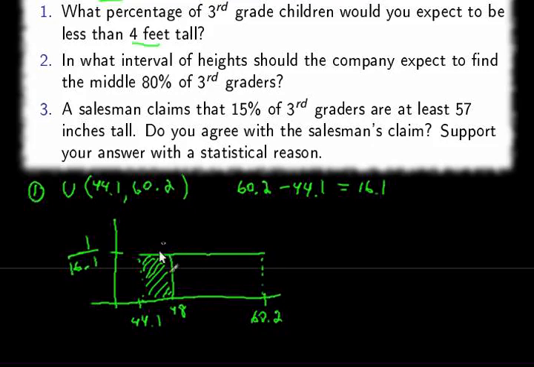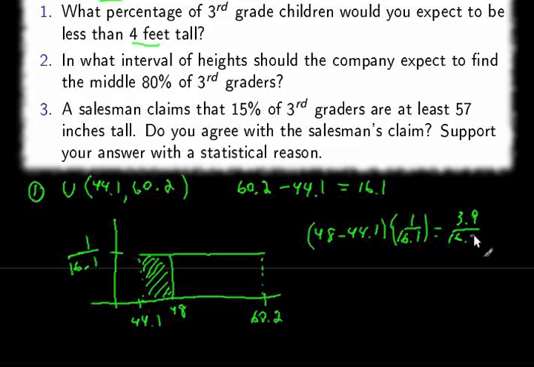So the percentage is the area turned into a percentage. So the area here is 48 minus 44.1, that's the width, times the height, 1 over 16.1, which we can calculate. 48 minus 44.1, that's 3.9 over 16.1.